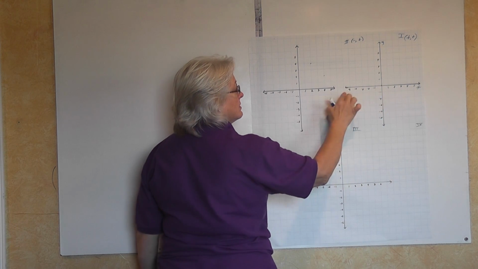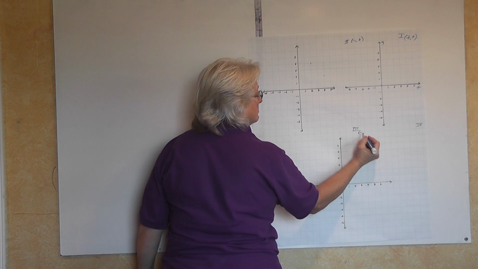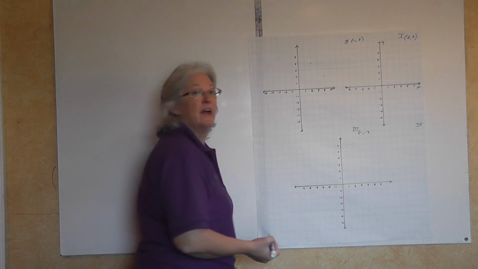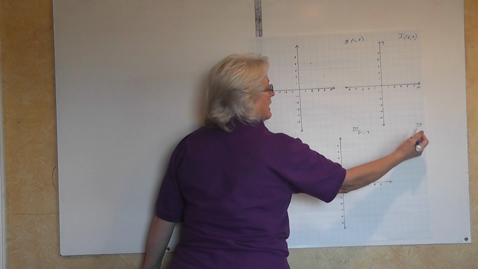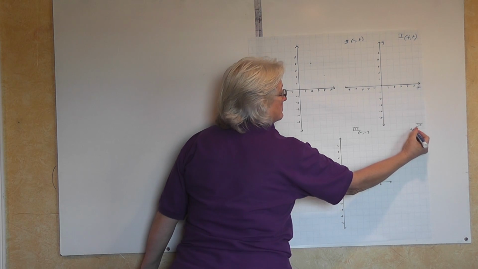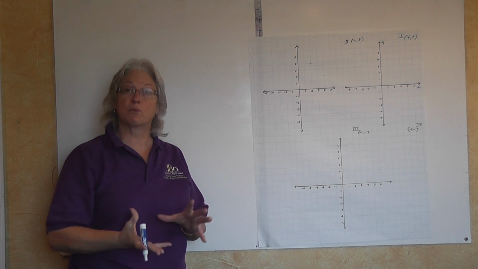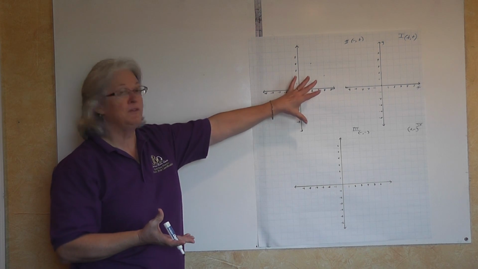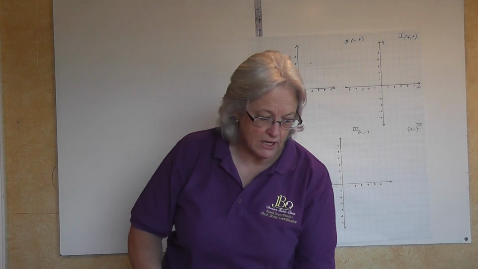Third quadrant, both the x's and the y's are negative. And finally, in the fourth quadrant, we have a positive x and a negative y. So that's just a brief review of what our Cartesian coordinate system is. So let's dive right in.